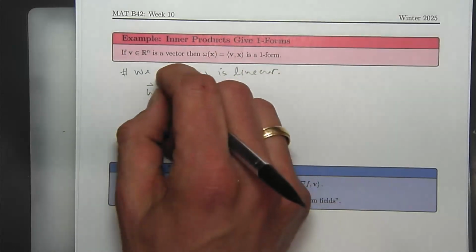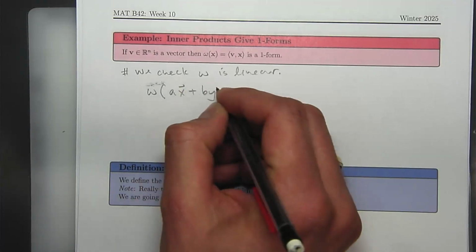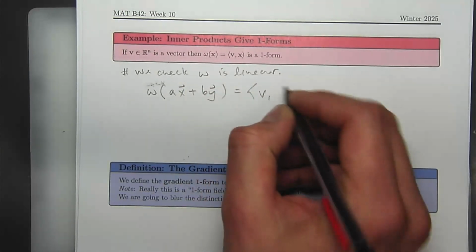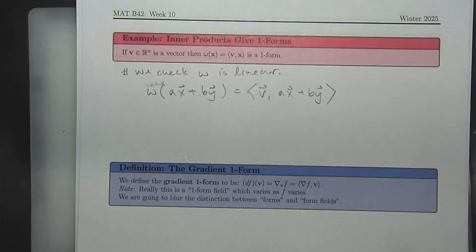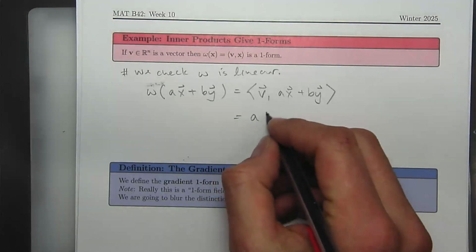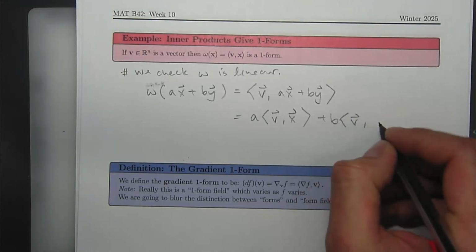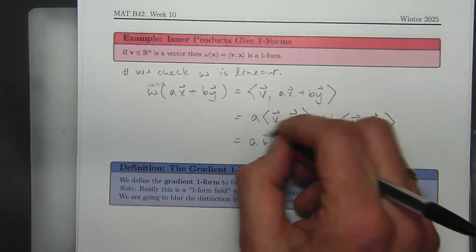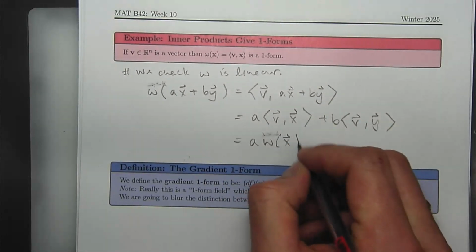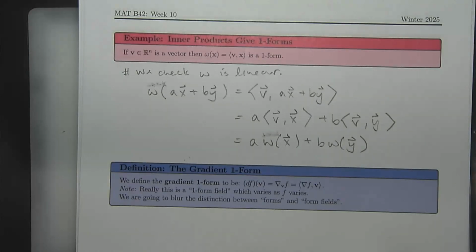Well, our inner product is a linear thing in both its arguments. Yay, so we have a one form. We have something linear.